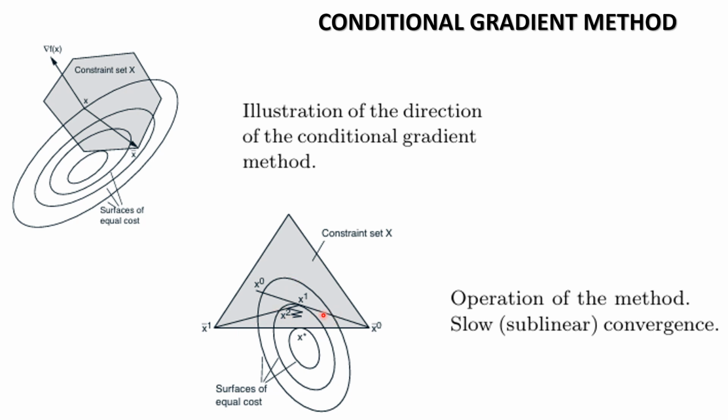All iterates in the optimization algorithm must stay within this triangle. These elliptical curves represent contours, level sets of the objective function f(x). Moving toward the center, labeled x star, decreases the function value. The goal is to reach x star, the minimizer within the feasible set.